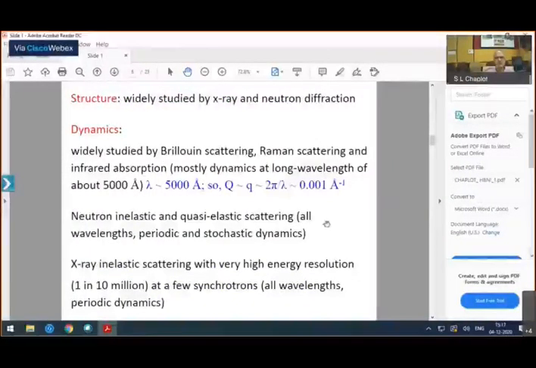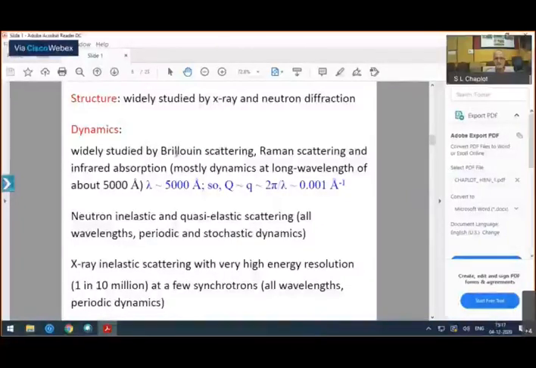Now, just to get an overview of what we look at and what is done by other techniques. As we said, the structure is widely studied by X-ray and neutron diffraction. This is well known, and I assume that you already know about it. As far as the dynamics is concerned, we talked about neutron inelastic and quasi-elastic scattering. But the techniques which are much more widely used are Raman scattering, Brillouin scattering, and infrared absorption.